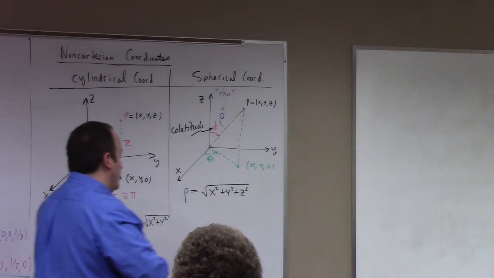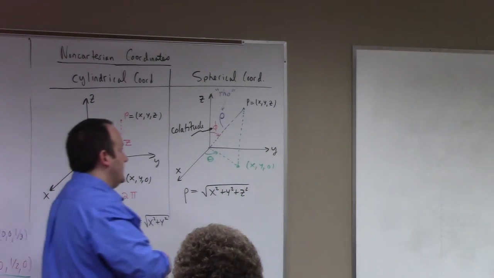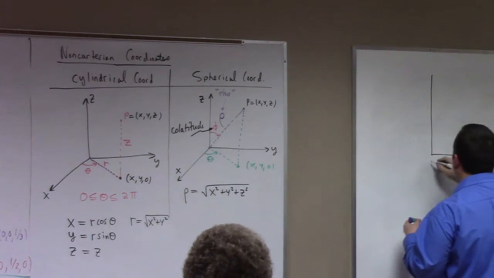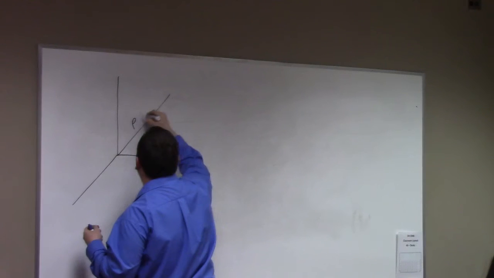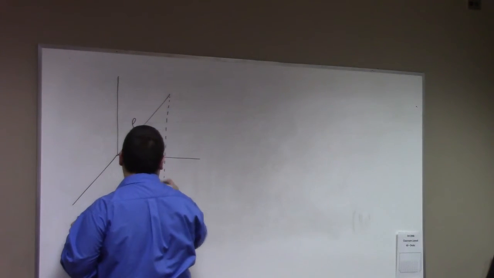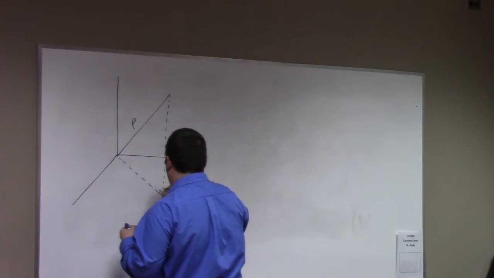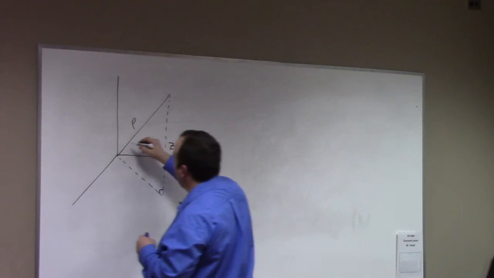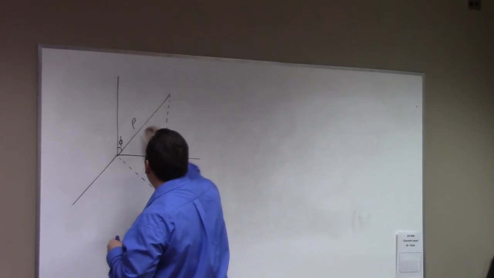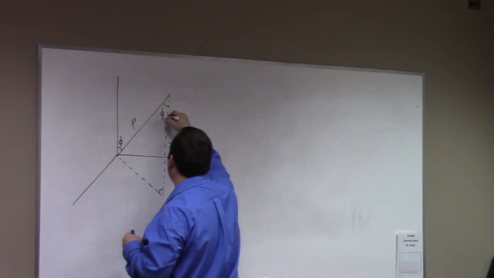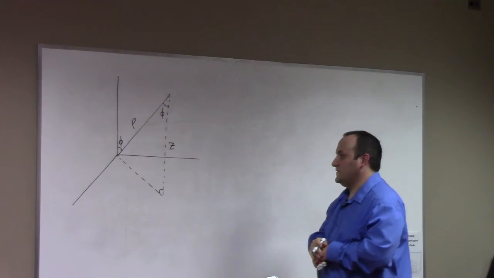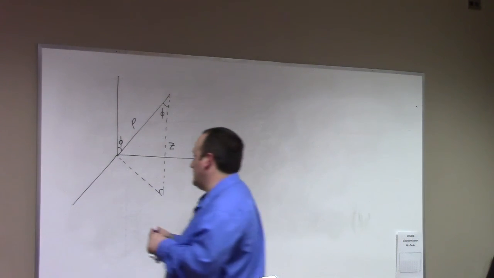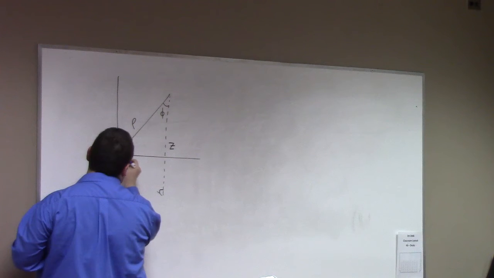Right. And so this picture is getting a little cluttered. Let me try another one over here, bigger. So here is my rho. This is a right triangle here. The height of this is z. Now, if this angle here is the colatitude phi, you notice that this angle up here is also the colatitude phi. So what's the length of the dotted line in the base?